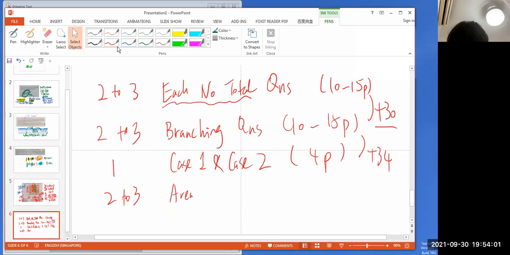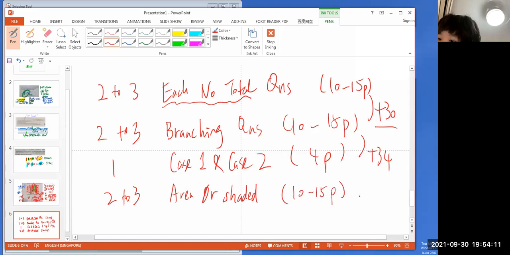Okay. Then area or shaded. I guess this will be like 10 to 15 points. So that's another. So with 15, that is about 49. So it's 50 points already. About 40 points already.